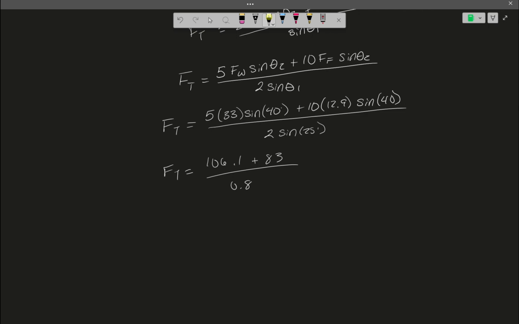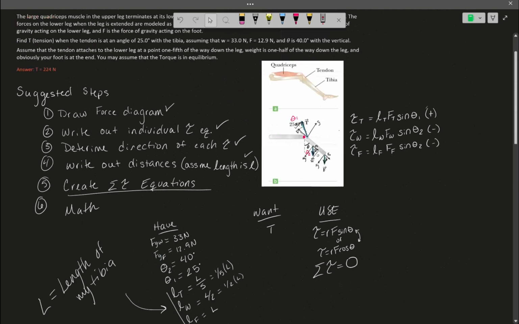This would be 0.85-ish. And I get 106.1 plus 83 divided by 0.85 is 223-ish, 223 newtons.